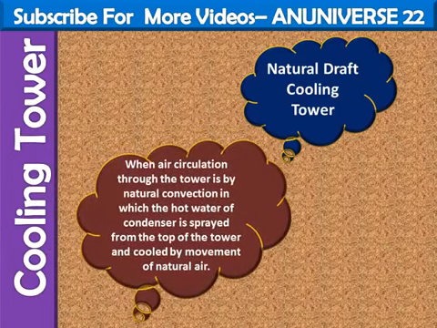When air circulation through the tower is by natural convection, in which the hot water of condenser is sprayed from the top of the tower and cooled by movement of natural air, it is called natural draft cooling tower.